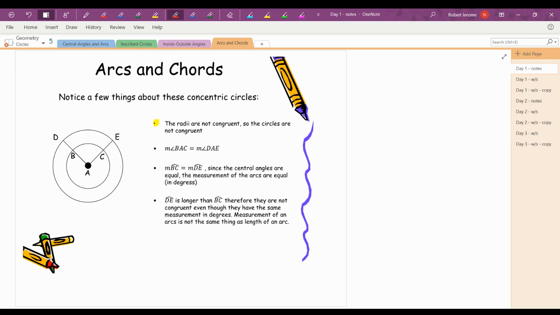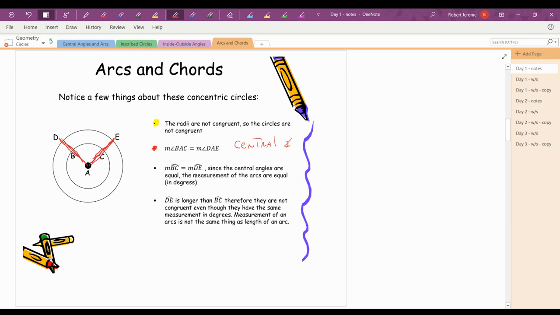However, it is really important for us to recognize that angle A from the little circle and angle A from the big circle are the same angle. They definitely are congruent. So angle BAC in the little circle and angle DAE from the big circle are congruent. They are equal in measurement, and they are both central angles.